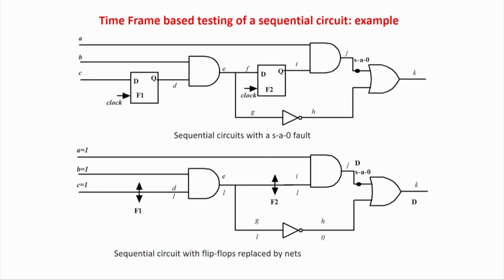So the term is called time frame based expansion, and the other one we know is the scan chain based. Time frame based expansion actually takes a lot of time for test pattern generation, but test pattern application time is the same for both scan and the normal circuit without scan where there are no cycles. The idea is very simple. In scan also, if there is a circuit with level 10,000 depth, the scan length will be 10,000, and the normal circuit without scan also will have some flip flops at the level of depth 10,000.